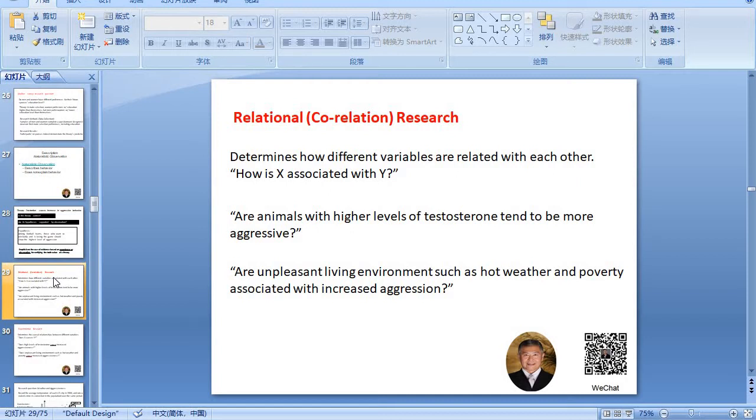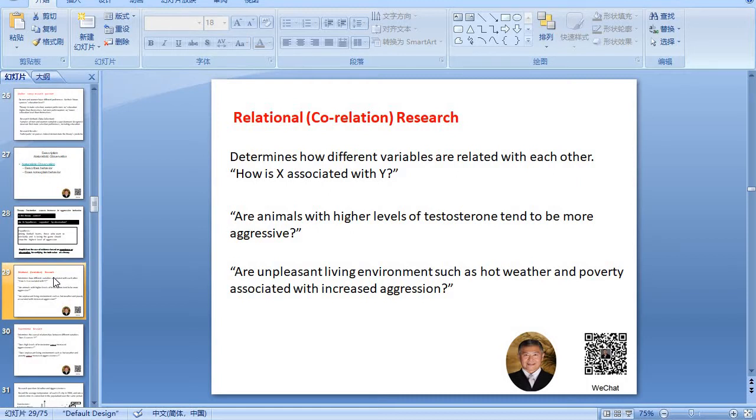We start with a discussion of correlation research. Correlation means that there's a relation between two variables. It takes at least two variables to have a relation or relationship. In correlation research, we try to answer the question, how is variable X associated with variable Y?